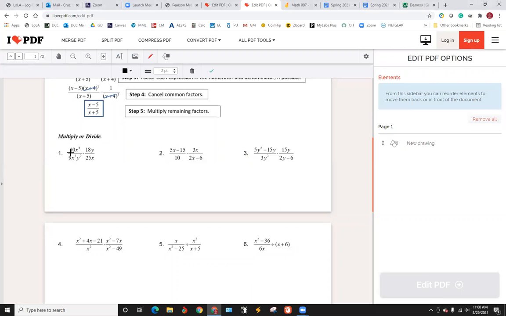All right, so 10 is divisible by 5 2 times. In here it's 5 times. 9 goes into 18 twice and into itself once. Now here's the thing, I'm going to kind of handle it step by step.